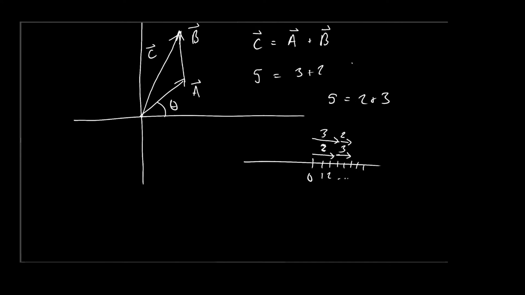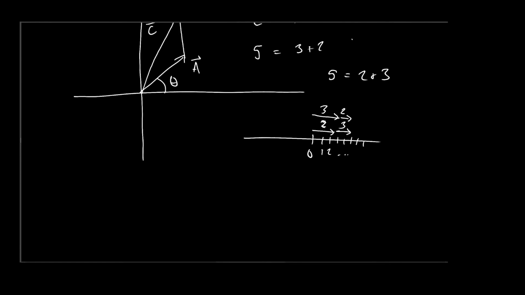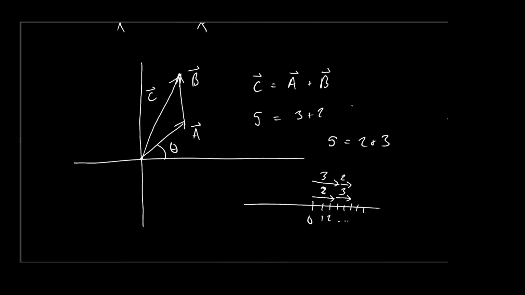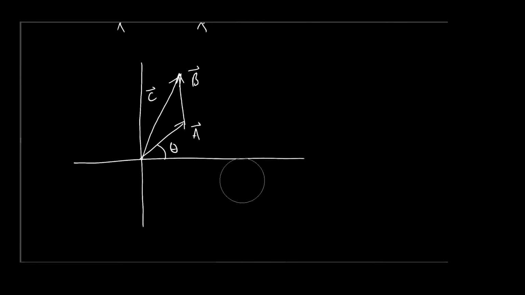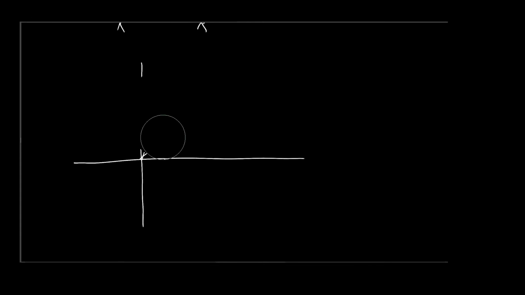Now, what if I scrap all of that? Let's say I scrap all of that, get rid of this number line, all of this stuff, and redraw my Cartesian plane.